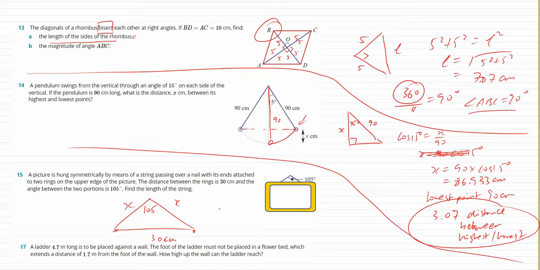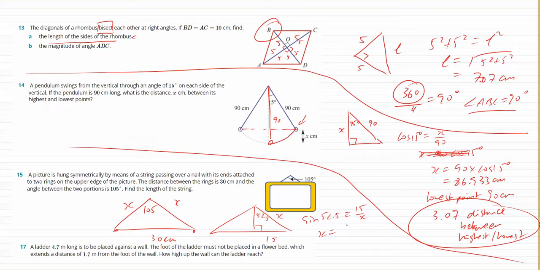Since this is an isosceles triangle, I can divide this into two right-angled triangles. So this will be 15, and this will be 105 divided by 2, which is 52.5, and this will be my x. So opposite, hypotenuse: sine 52.5 equals 15 divided by x.